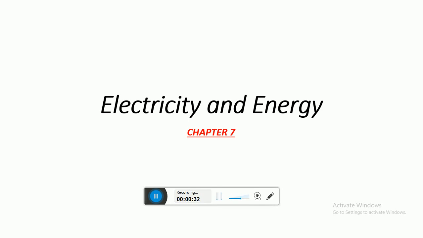After that we discussed a new concept, the diagram called the Sankey diagram. In that diagram we discussed energy conversions, a simple way of representing energy conversion by using arrows.